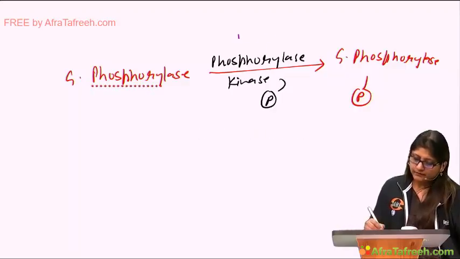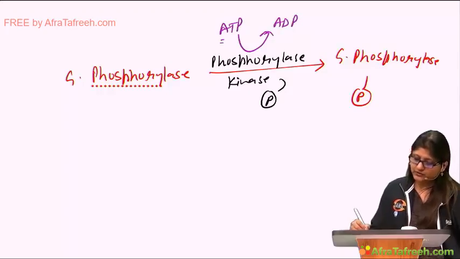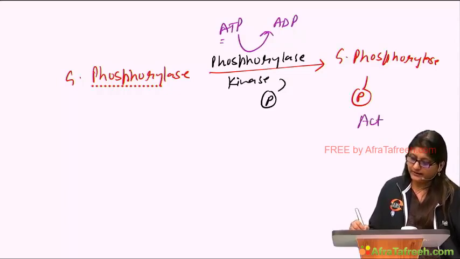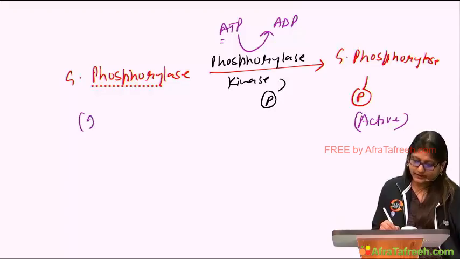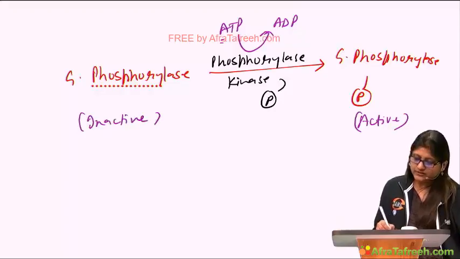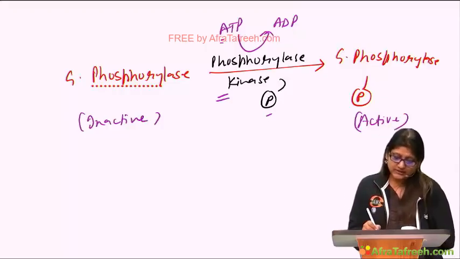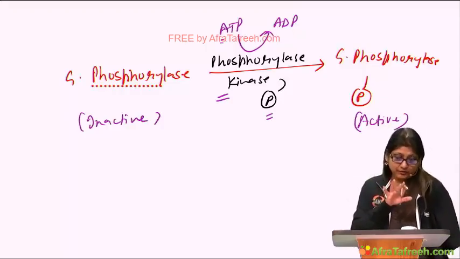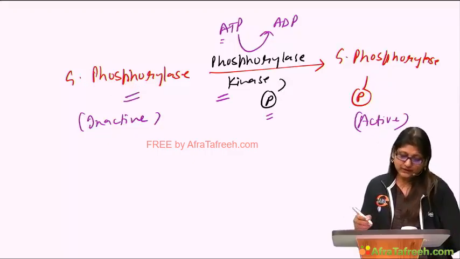And with the expenditure of ATP, the ATP phosphate is given to glycogen phosphorylase, phosphorylating it and making it active. The phosphorylated form of glycogen phosphorylase is active. This is inactive. So you understand the role of this phosphorylase kinase. It needs ATP for phosphorylating the phosphorylase enzyme to make it active.